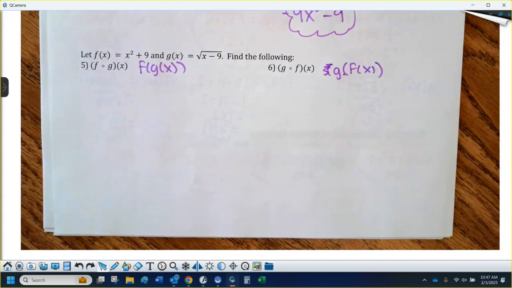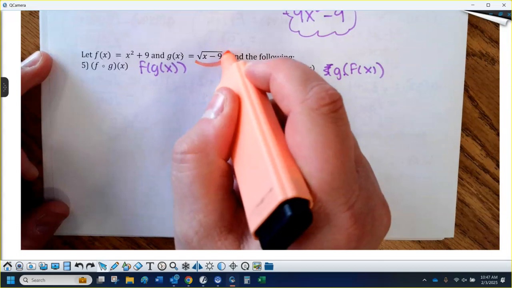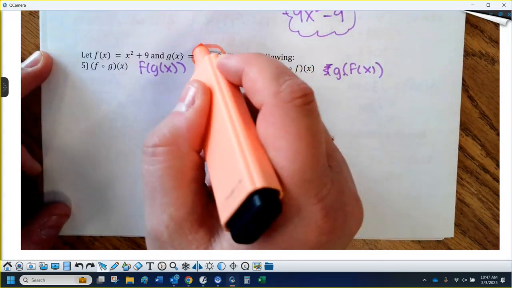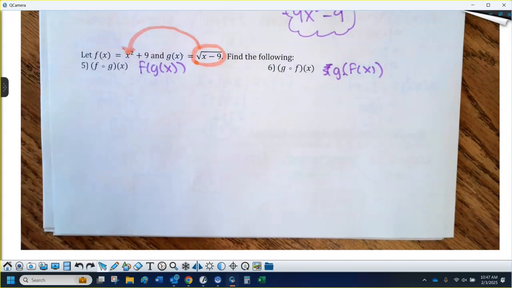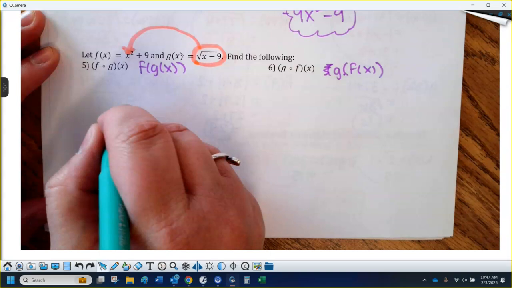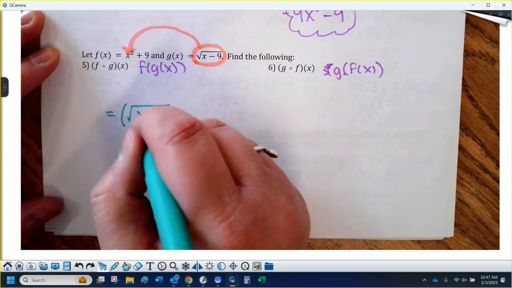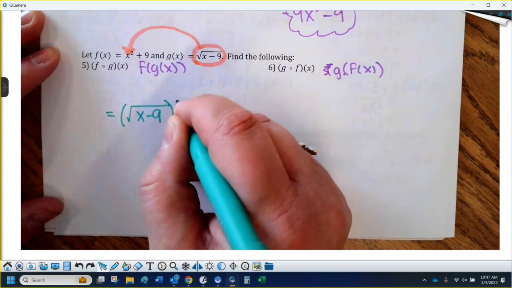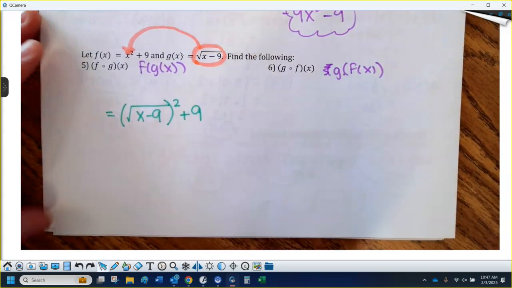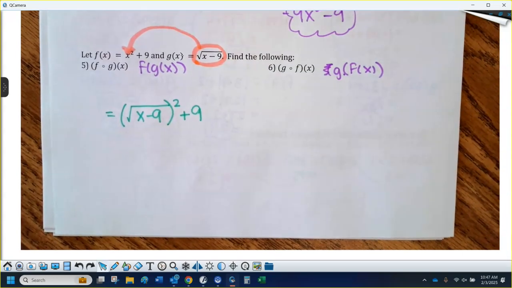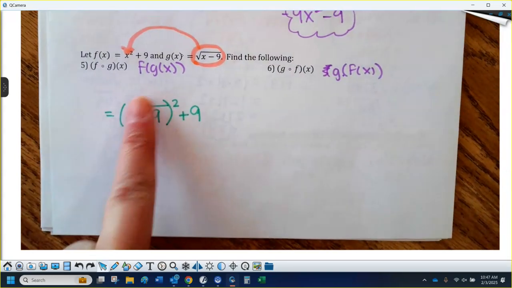But on the first one, I'm going to plug this entire square root in place of the x squared. This looks a little weird, so instead of x squared, I'm just going to use parentheses. You'd have this square root of x minus 9, squared, and then the plus 9 would be on the outside. Does that make sense? I took the whole square root, and it goes in place of the x squared. So here, this was x squared, I'm replacing it with that.